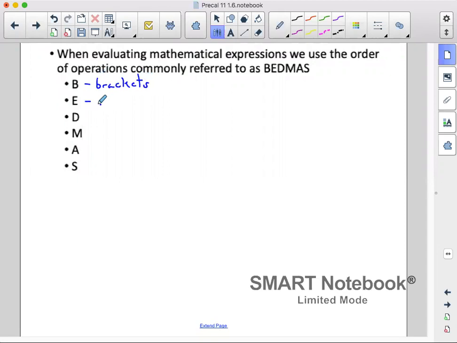Next, we would want to do any exponents. After that, we have division and multiplication, and we do them in the order they appear.